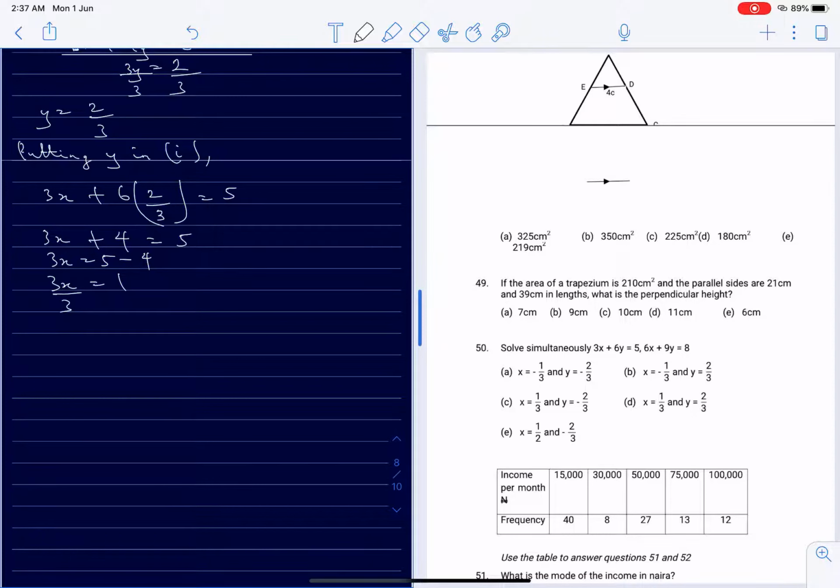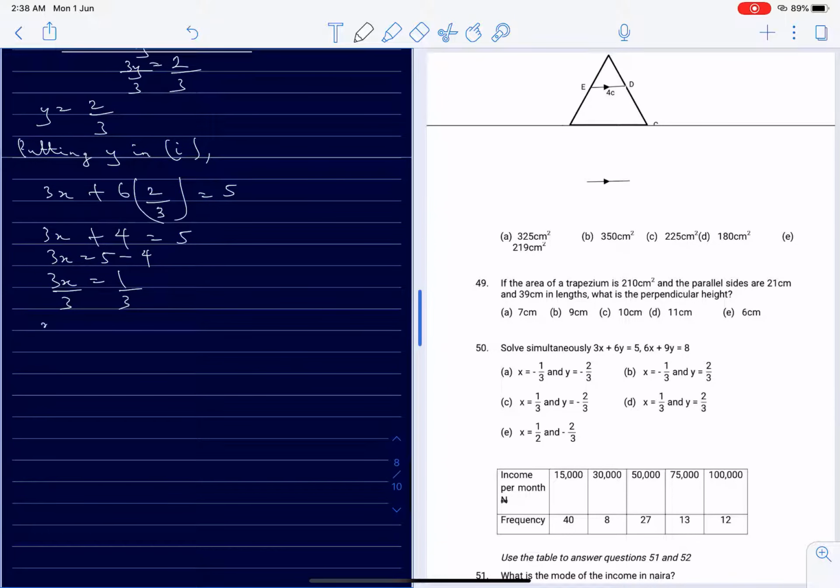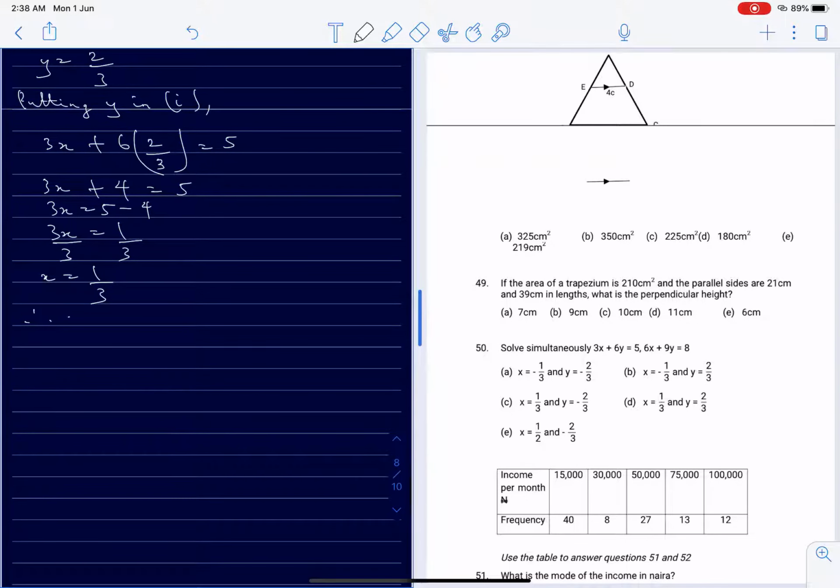When we divide both sides by 3, x will be equal to 1 over 3. Therefore, x equals 1 over 3, y equals 2 over 3. The correct option is D.